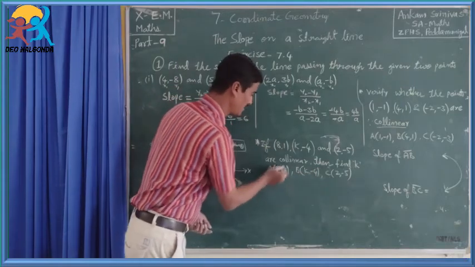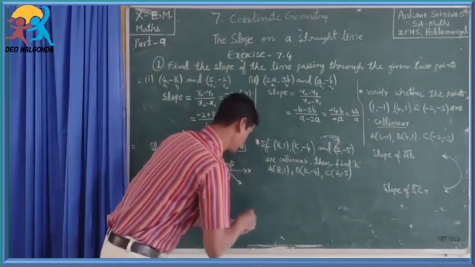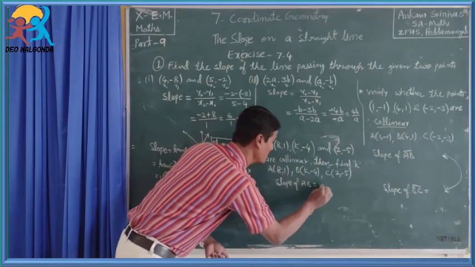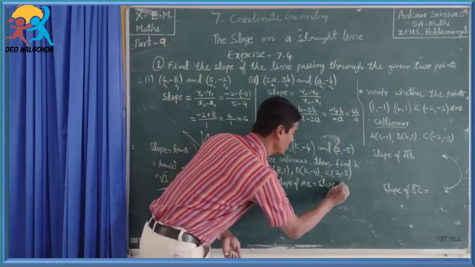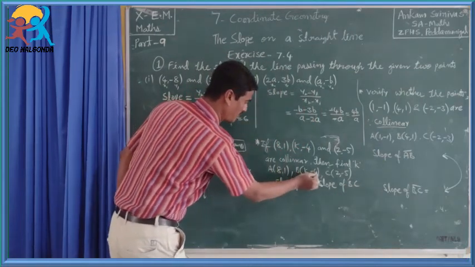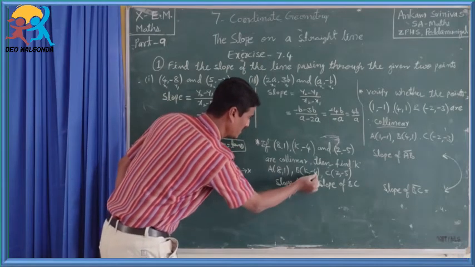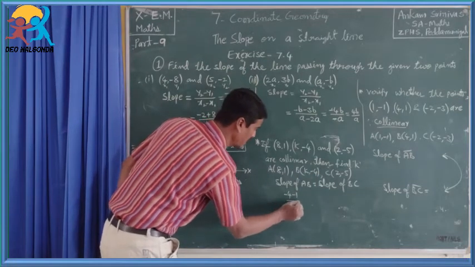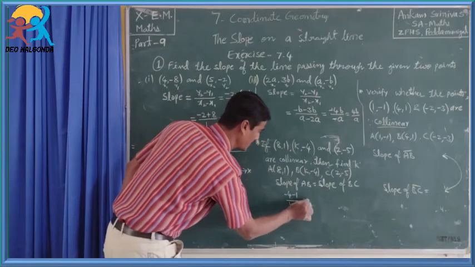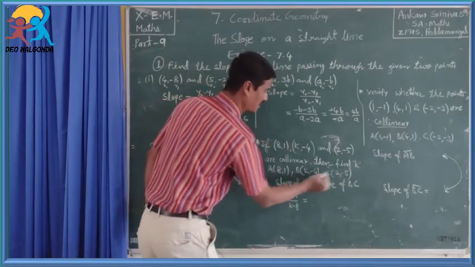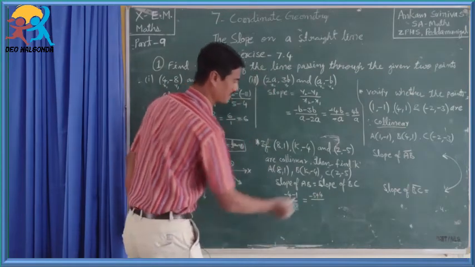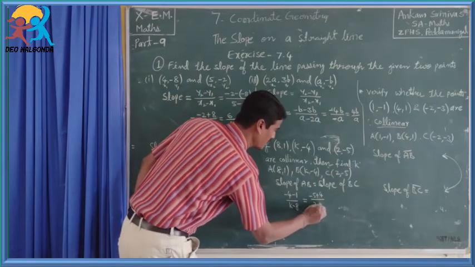The slope of AB equals the slope of BC, since the points are collinear. So y2 minus y1 by x2 minus x1: minus 4 minus 1 by k minus 8. Equal to the slope of BC: y2 minus y1, minus 5 plus 4, by x2 minus x1, 2 minus k.